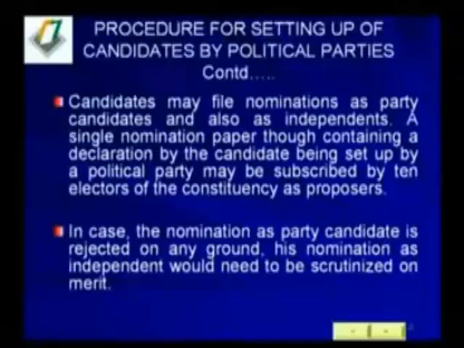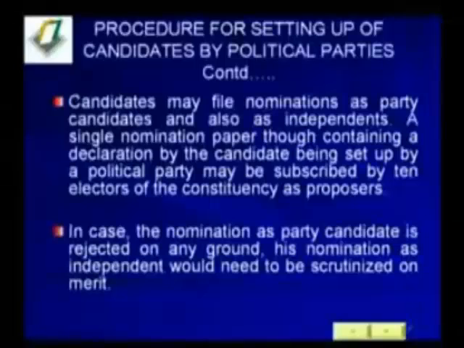Then he may fill the second part also, saying that I am independent with 10 proposers. So that is also permissible. And I also explained that if a person has given you the nomination both as a party candidate and as an independent, and the first part has been rejected, then you will not reject his whole nomination paper. You will see whether he has 10 proposals, and if he has 10 proposals, then you will accept him as an independent candidate.